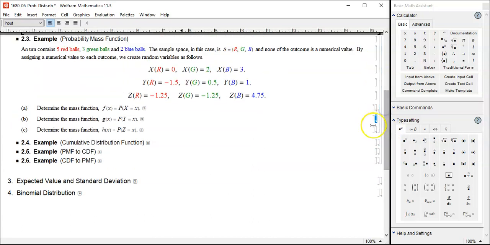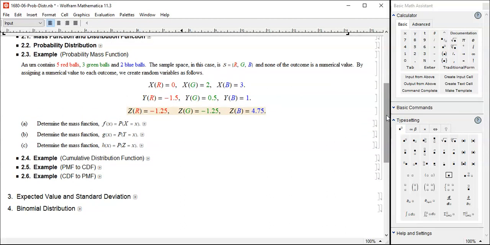How about the next problem here? How many possible payoff values are there? We have 3 colors, but the possible payoff values are 2, because red and green both have -1.25. So the table is actually simpler.